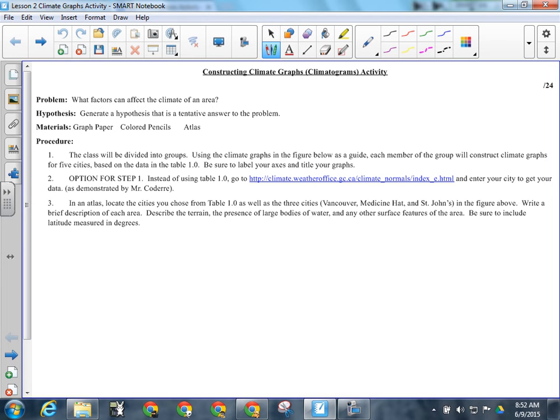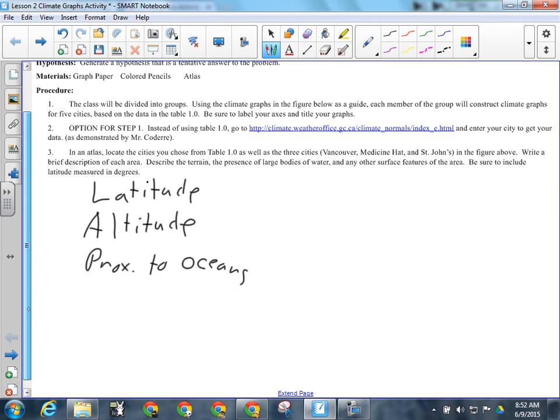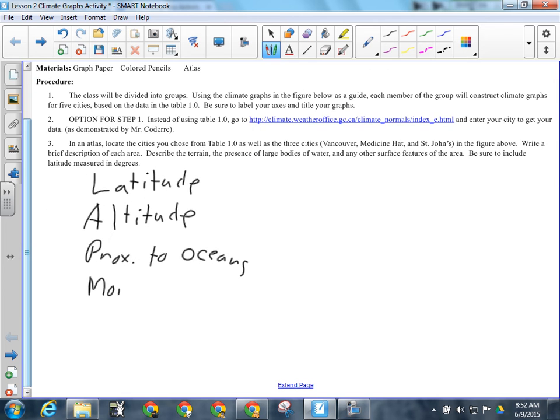Now, quick review. The factors that affect climate we talked about last week are latitude, altitude, proximity to oceans, mountain barriers, and centers of high and low pressure.